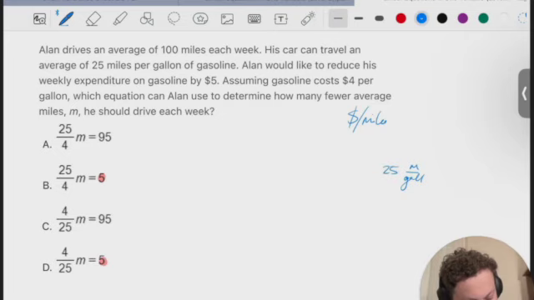I thought I just had it. And we have $4 per gallon. If we divide those, we get 4 over 25 dollars per mile.